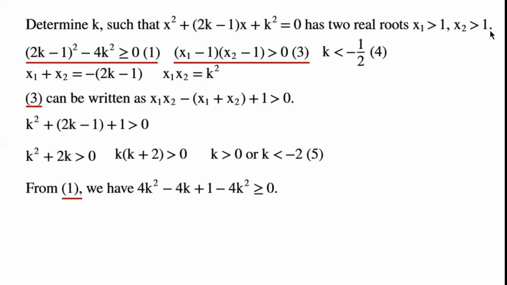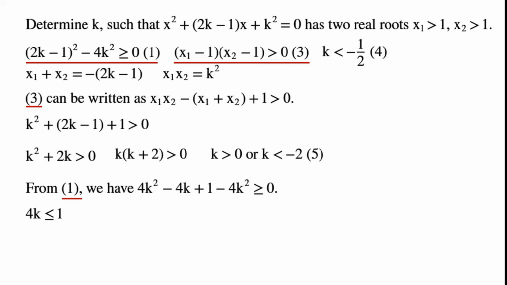From inequality 1, we have 4k squared minus 4k plus 1 minus 4k squared is greater than or equal to 0. 4k squared and minus 4k squared cancel.